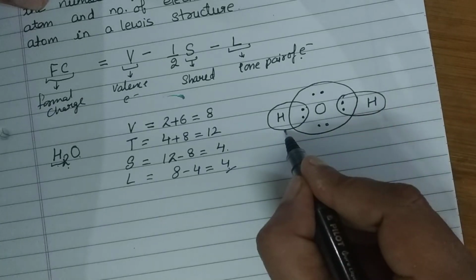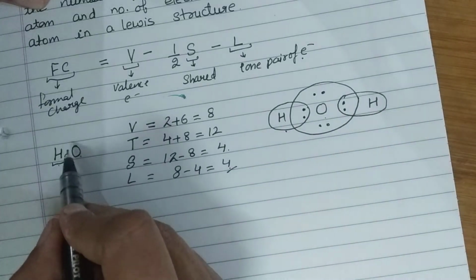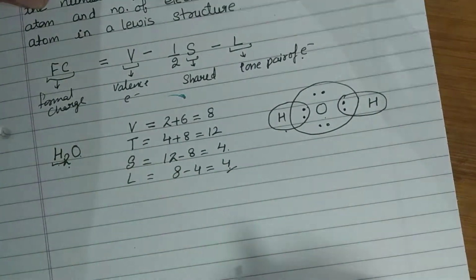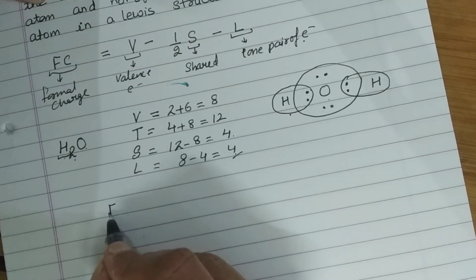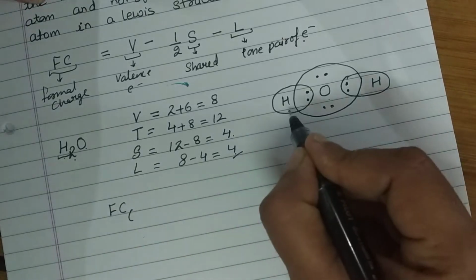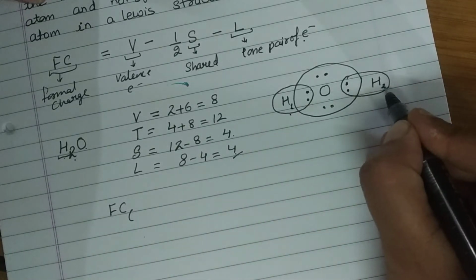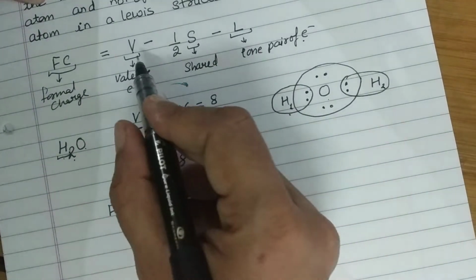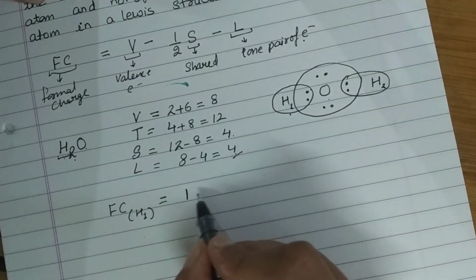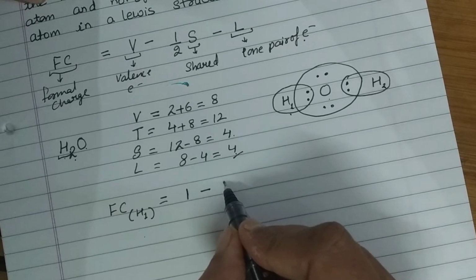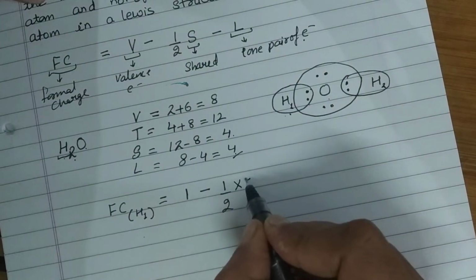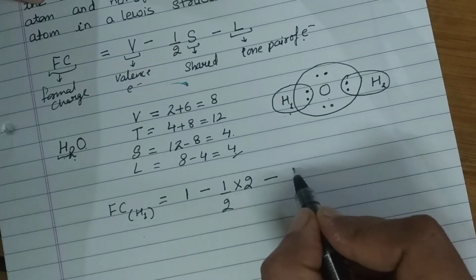Now we will count the formal charge of each atom. In the molecule H2O, the total charge is 0. First we take hydrogen 1 and hydrogen 2. For the first hydrogen, valence electron is 1, shared electrons are 2, half of that, and lone pair is 0.